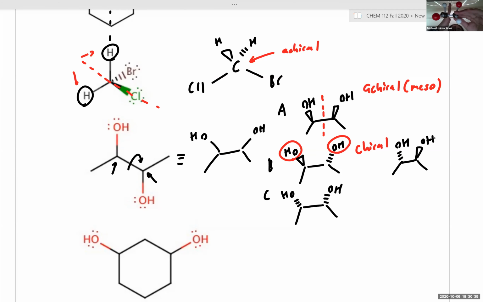No matter how hard we try, the substituents and the position of our substituents on both sides of our axis of symmetry are different. Does that make sense to everyone? Does everyone see why B is chiral while A and C are achiral?